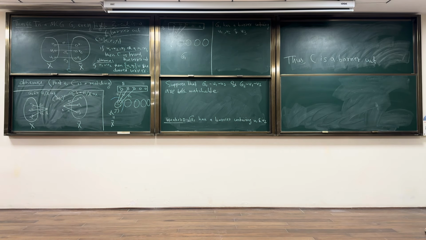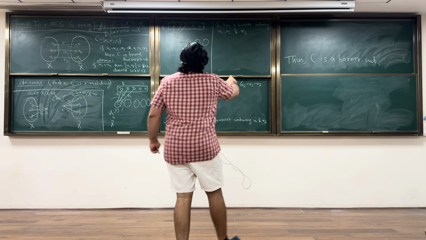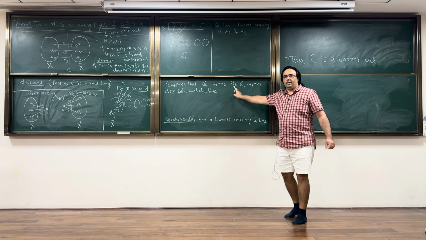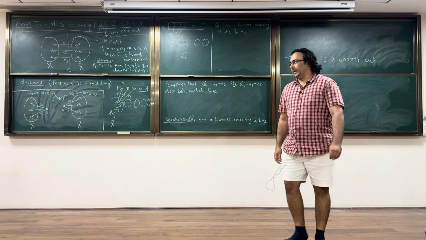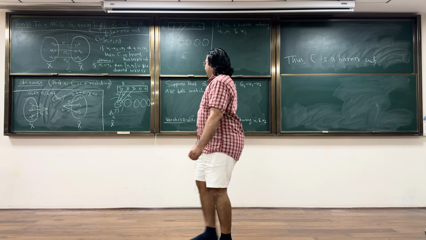And here the choice is actually important. I chose U1 and U2 and I chose the corresponding V1 and V2. I did not switch it to V2 and V3. So I am keeping the same i, j. Supposing this is true, I claim this actually leads to a contradiction. Think about it. This should lead to a contradiction.